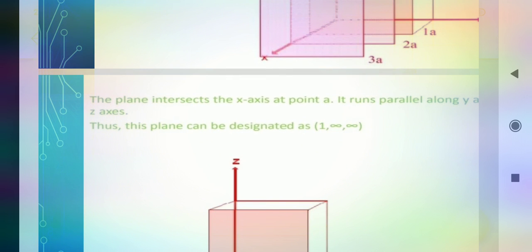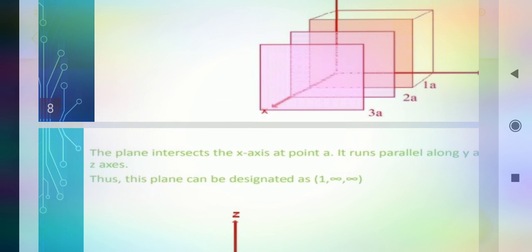Then the plane intersects the x-axis at A. So whatever planes we have, the pink planes intersect the x-axis at point A, and this plane is parallel to y and z. Then how can you designate the plane?